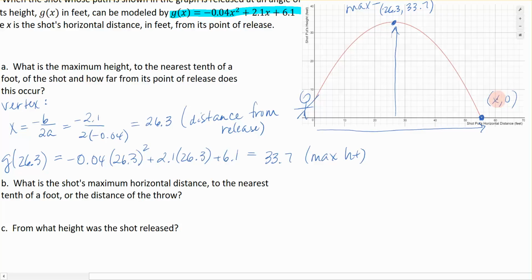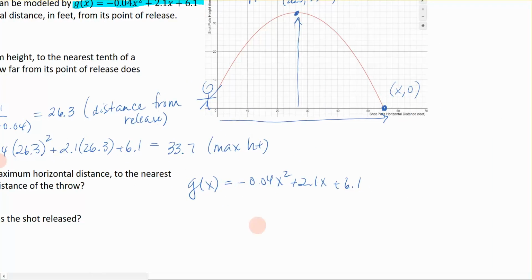So if we have the function here, g of x is negative 0.04 x squared plus 2.1x plus 6.1, and we set that equal to 0. Well, up until now, how have we solved a quadratic function when it was set equal to 0?